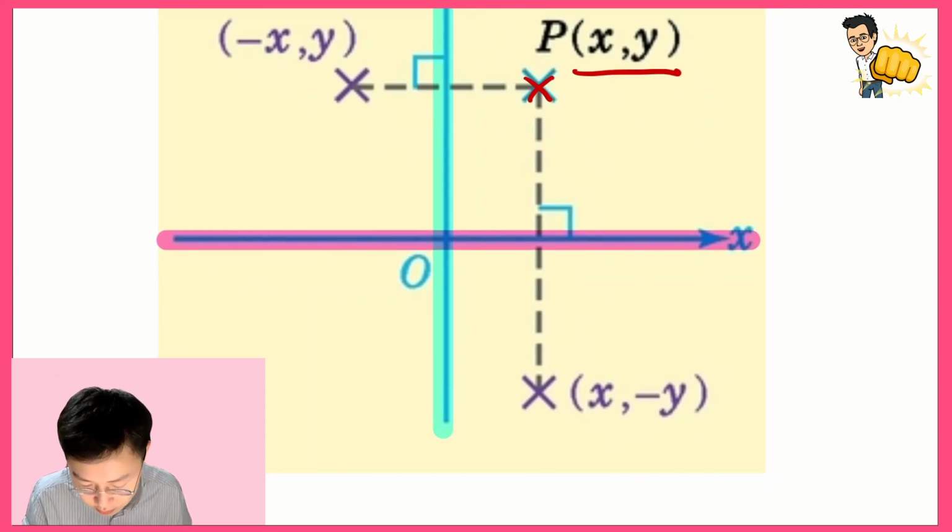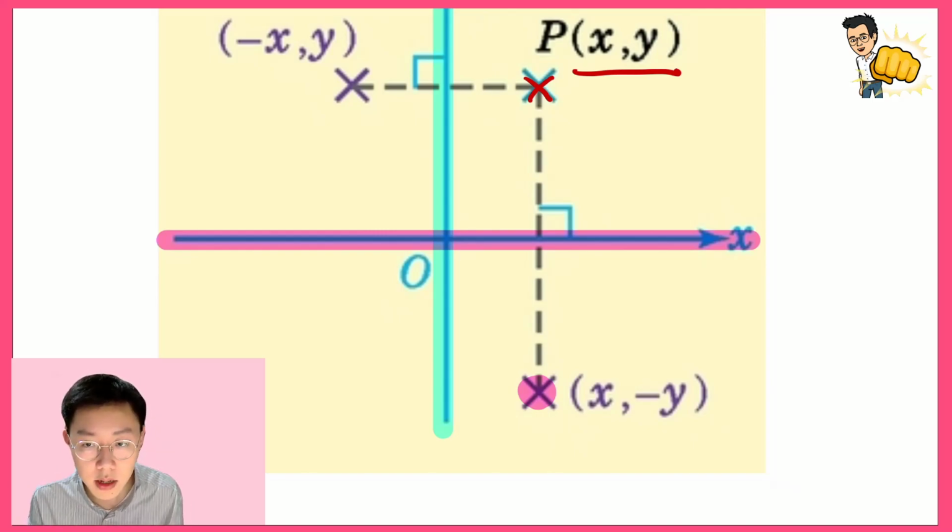Here you can see this point is the reflection of point P along the x-axis. I want you to observe the coordinates.